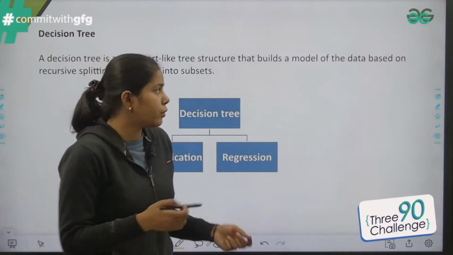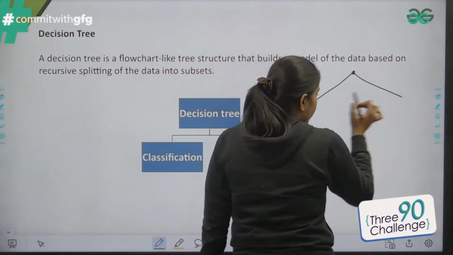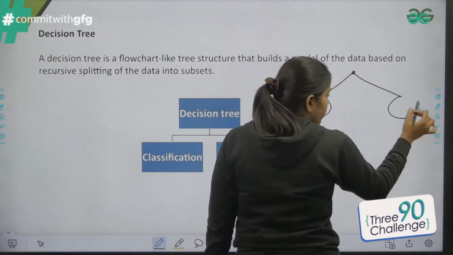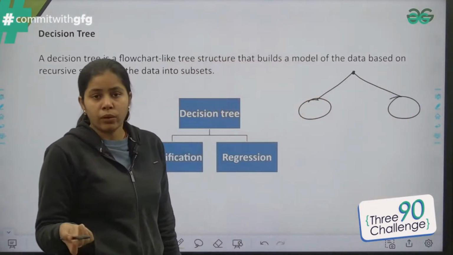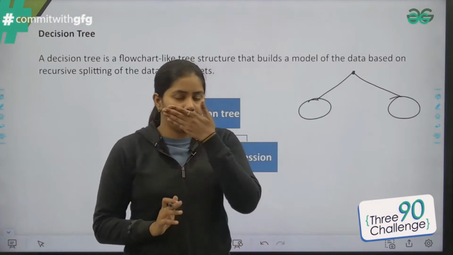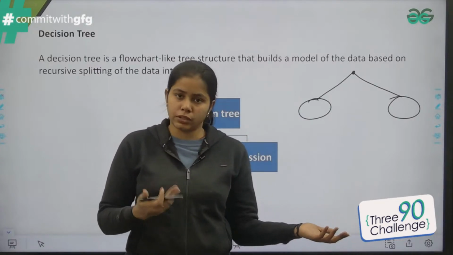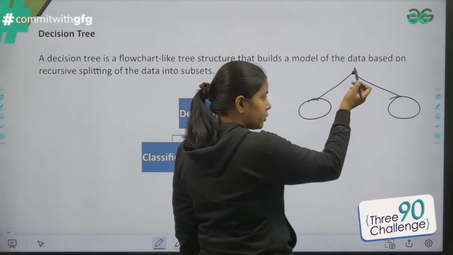Let's say a person is graduated, and I want to know how he chooses a job role. Let's say we have data of 50 students, and I want to know whether they would go for a salary greater than 50,000 or less than 50,000. So I can divide that.